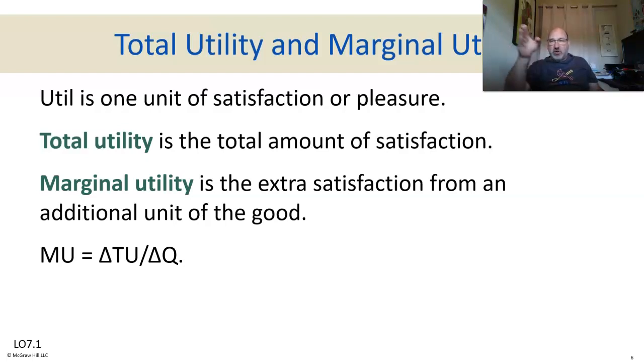So from slice 1 to slice 2, how much additional satisfaction did slice 2 give you? That is your marginal utility for slice 2. I don't care about slice 1. And I don't care what you think about slice 3 yet. All I want to know is how much additional satisfaction did slice 2 give you? That is marginal utility. So marginal utility is your change in total utility divided by the change in quantity.